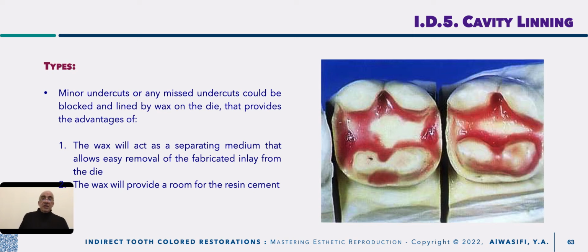You already discovered it at the line angles when you were constructing your removable die. But remember something. When we discuss the cementation procedure, please remember what I will tell you now. Wax is a form of oils, or it contains oils, okay.